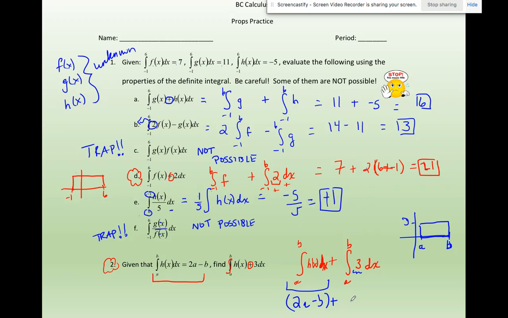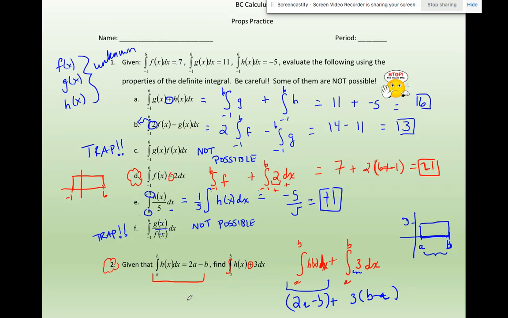It was height times width. This width was 6 minus -1. What is this width? You want the width to be positive, right? Because you went from A to B. So how do you find out that distance? Clever, clever.